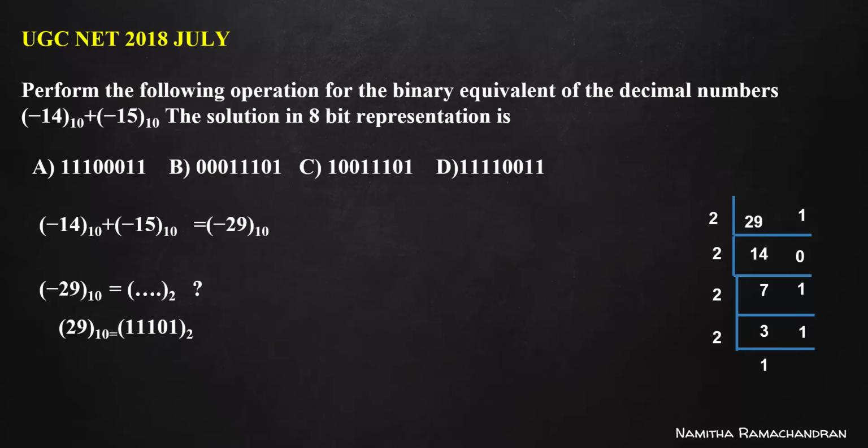We have one more method, that is a direct conversion of a binary to its 2's complement form. For that, we need to start from the right end and scan towards the left and write everything as it is up to which the first one is encountered.